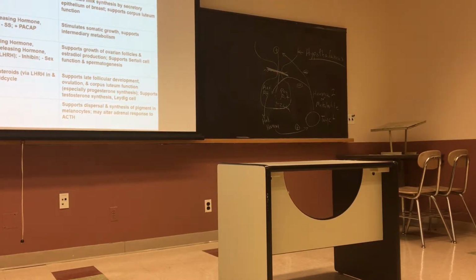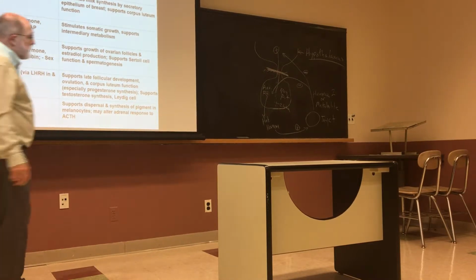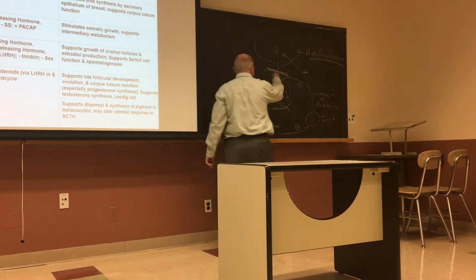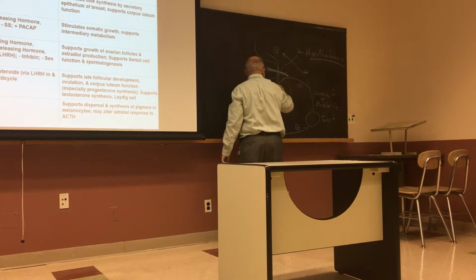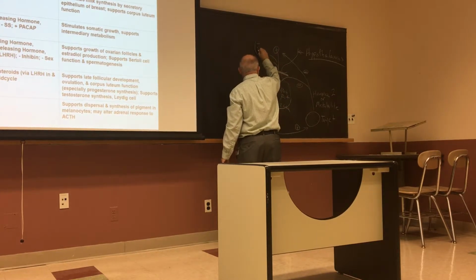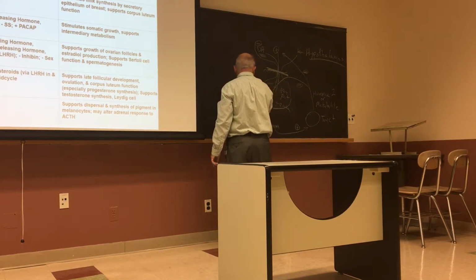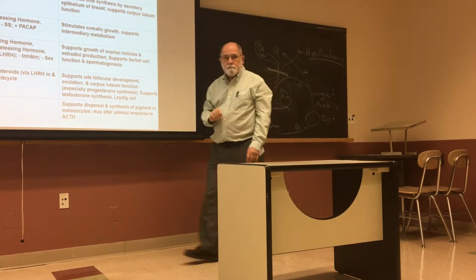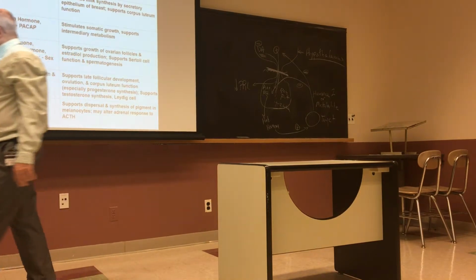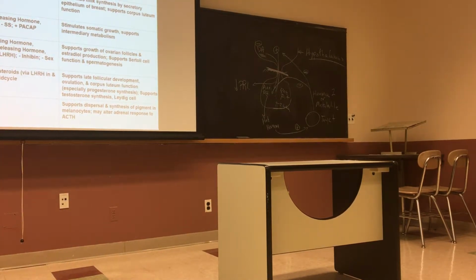It's dopamine. So dopamine coming down this track is having a negative effect on prolactin production. So in order for prolactin production to go up, you normally have to inhibit dopamine production in the hypothalamus.